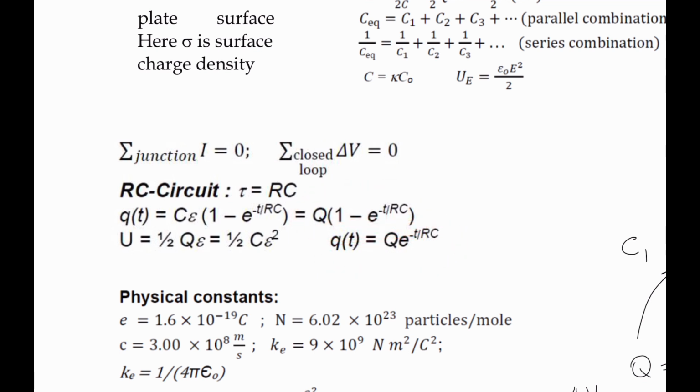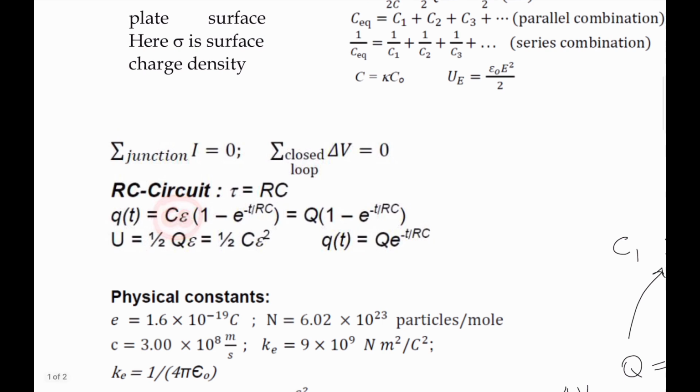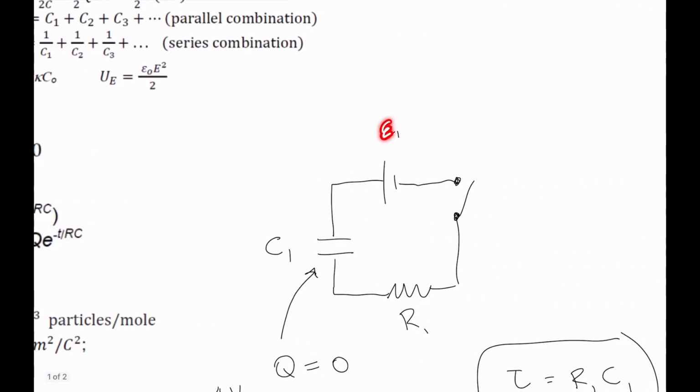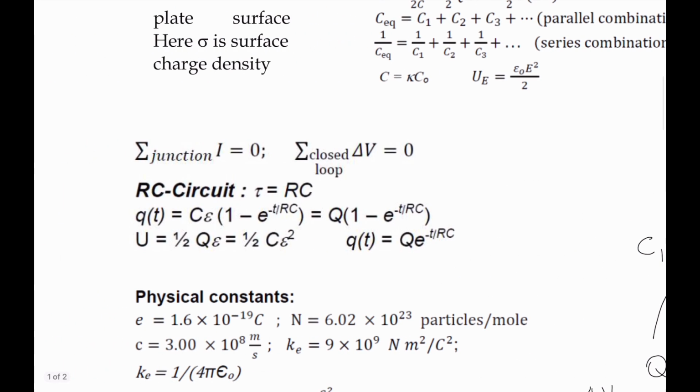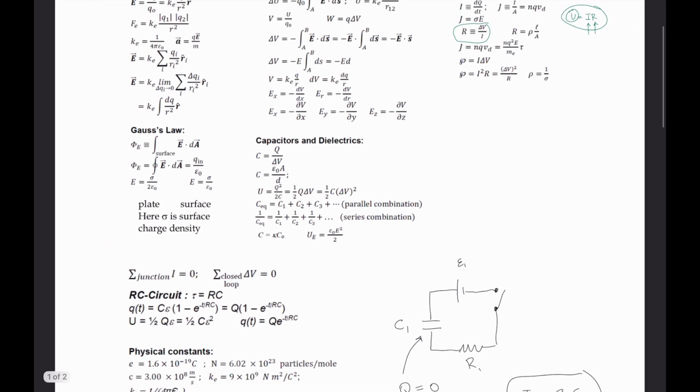And over here, they just replace this Q with a C times epsilon, where epsilon is the voltage on the capacitor. Remember, if you look at this equation here, you can have CV is equal to Q. In this case, they just replace V with this epsilon.